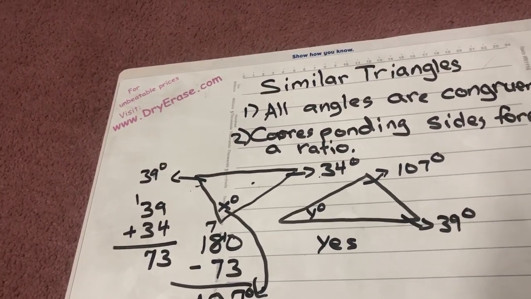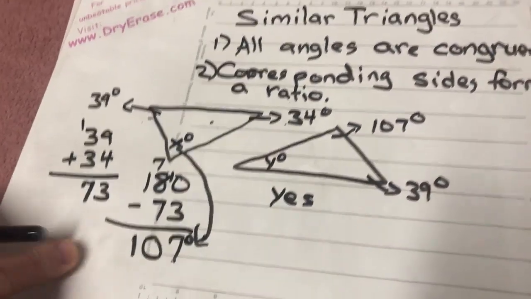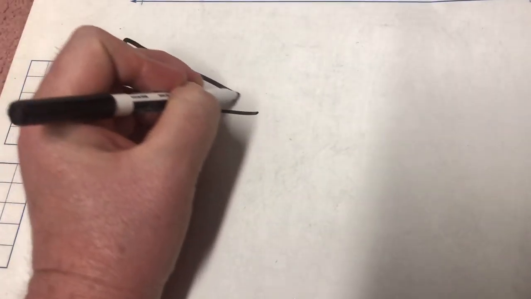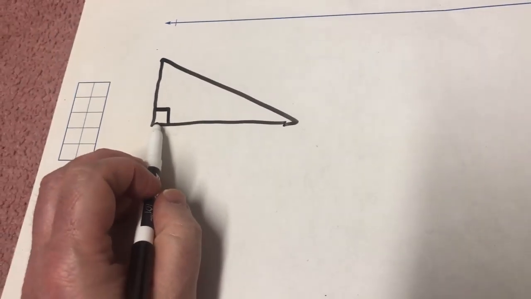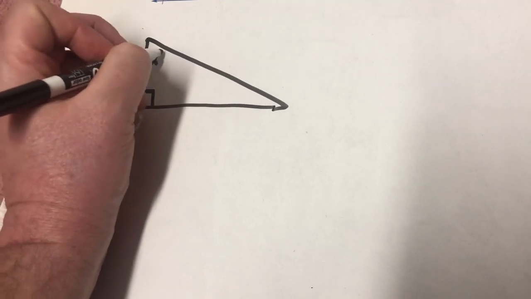Now, the second part of what you're doing tells you already that the triangles are similar. So I'm going to have two triangles here. Want to remember what that is? Remember, that means it's a right angle, okay? This is x degrees.